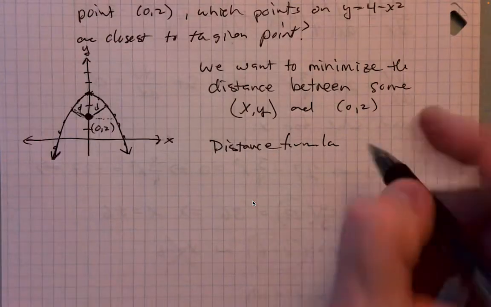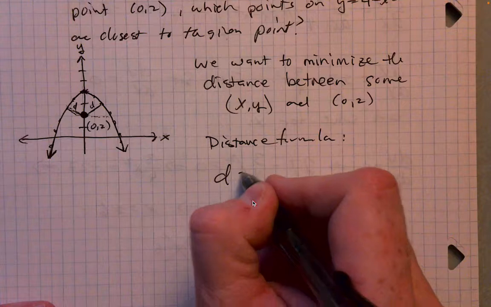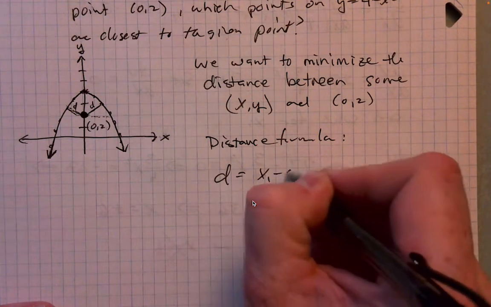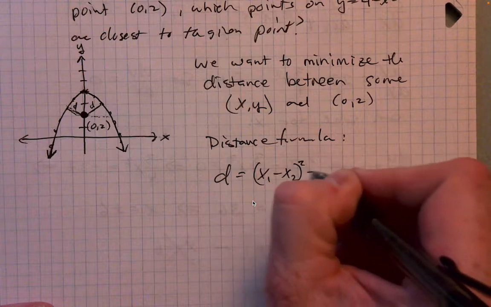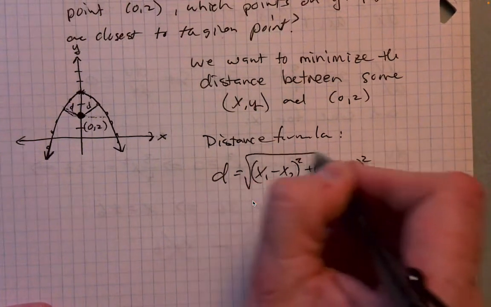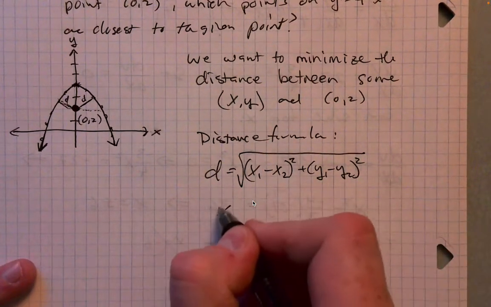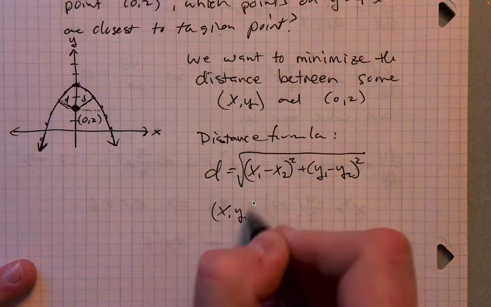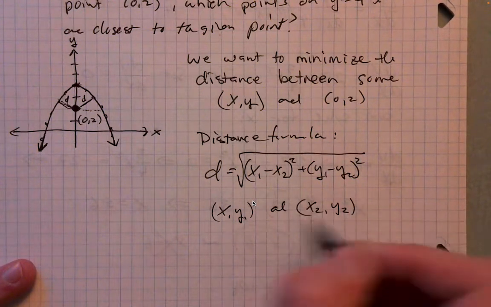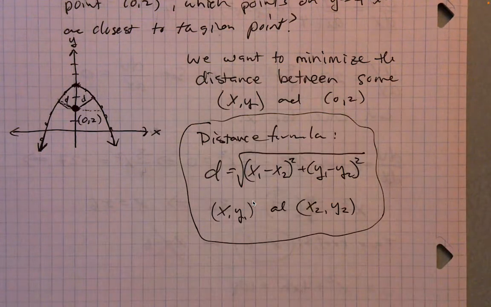You've probably seen this in pre-calculus or maybe even high school algebra. So d equals the square root of x1 minus x2 squared plus y1 minus y2 squared, if you have 2 points, x1, y1, and x2, y2, and those are the points you're trying to identify the distance between.